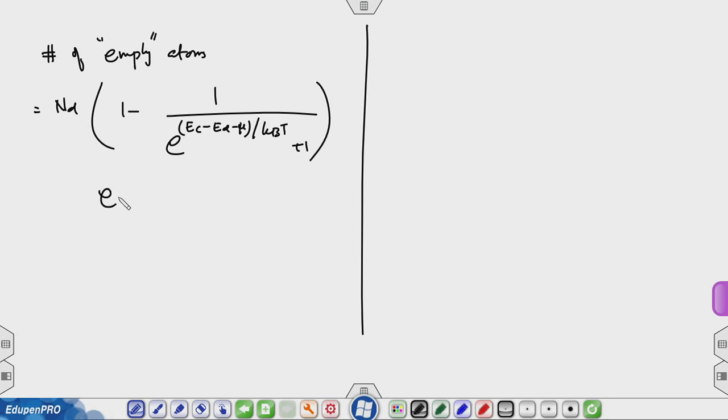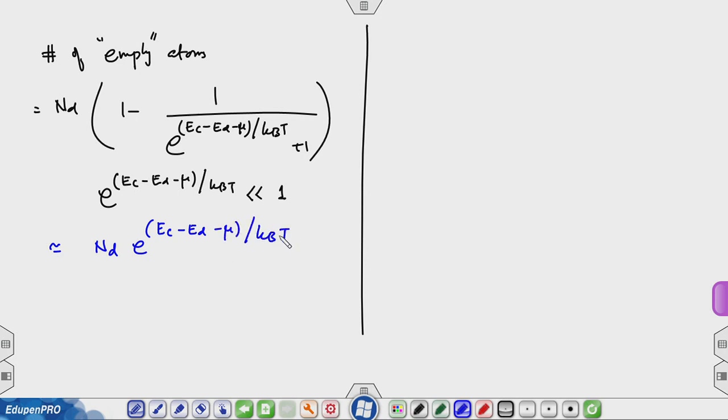And under the approximation that e raised to E c minus E d minus mu over k b T is much less than 1, this goes to N d e raised to E c minus E d minus mu over k b T. And all these electrons have gone to the conduction band.